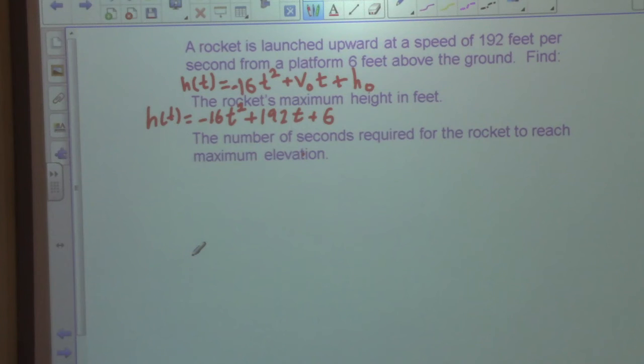And then we're asked to find the rocket's maximum height in feet, first of all, and then secondly, the number of seconds required for the rocket to reach that maximum elevation. What do you do with that?